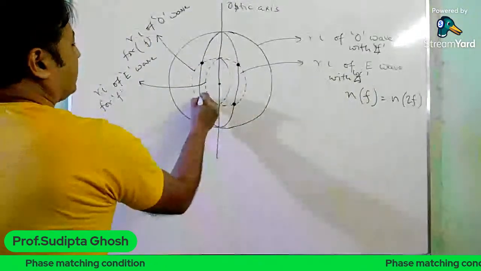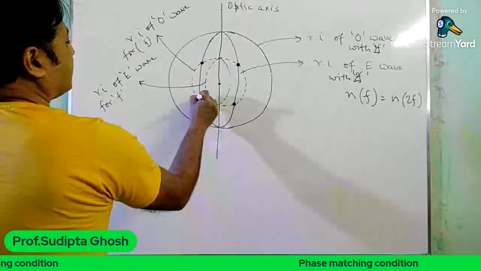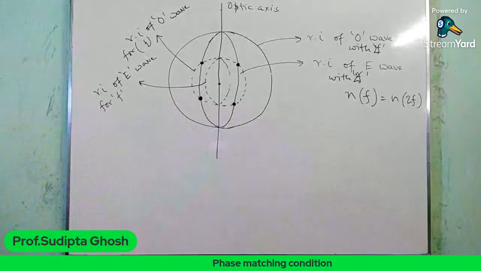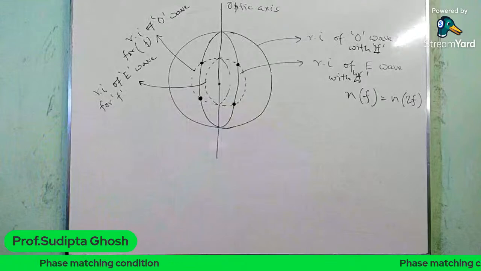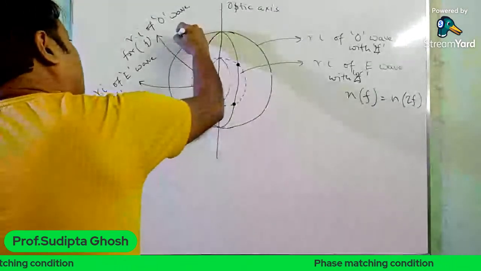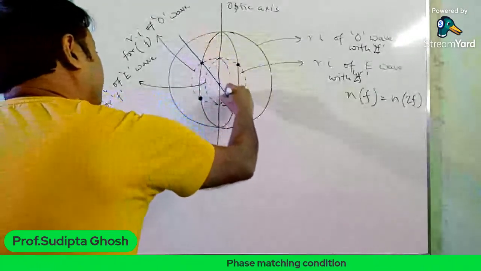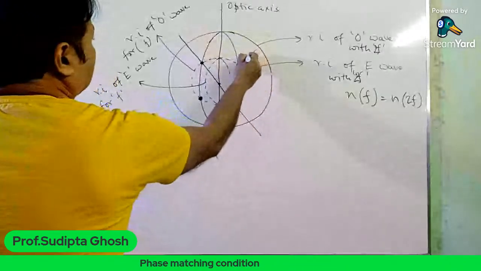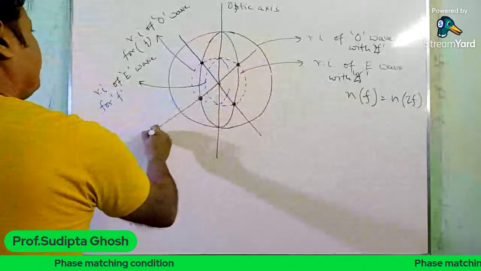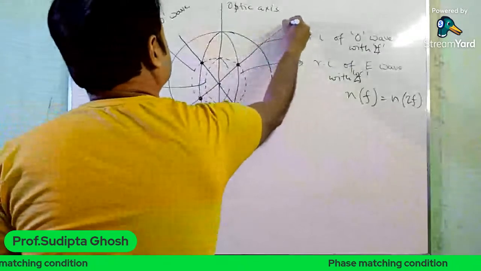Give a dot here. Now just consider these 4 points, and I am going to connect this one, extending it.